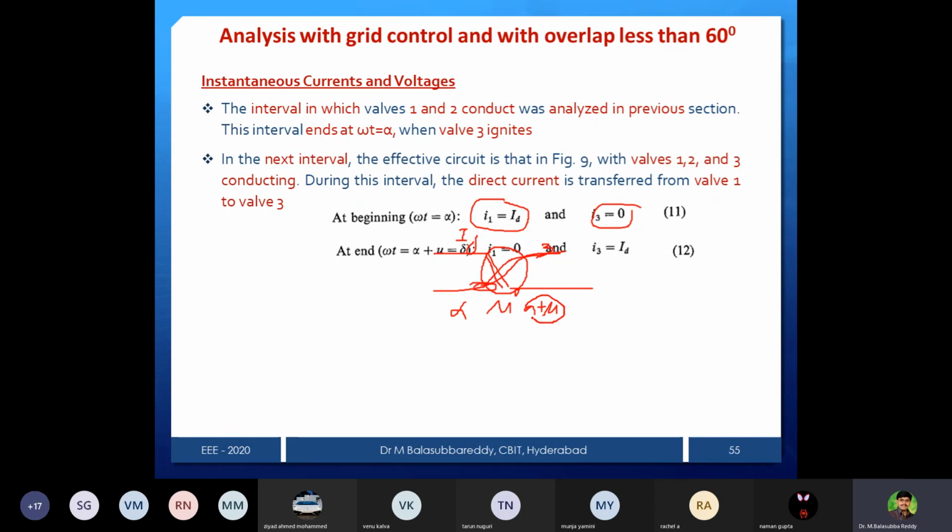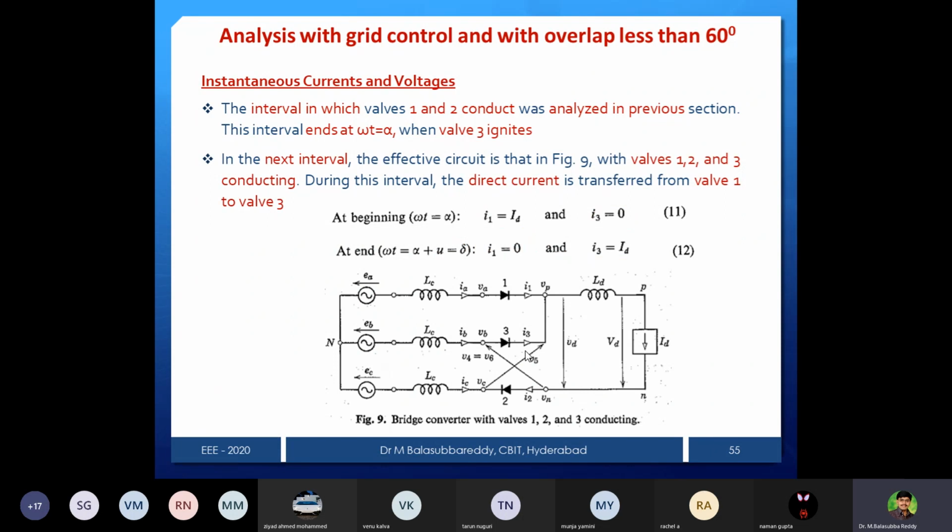So at alpha plus mu, what is the current? I1 current reaches 0, because during overlap there is a current, but once overlap has ended, your current reaches 0. But I3 reaches ID. So that is the point during overlap.